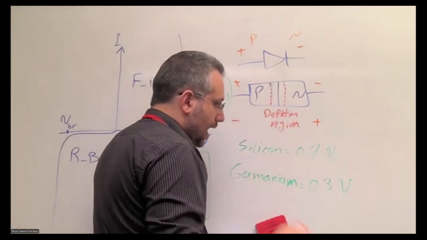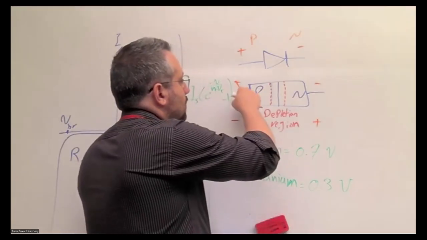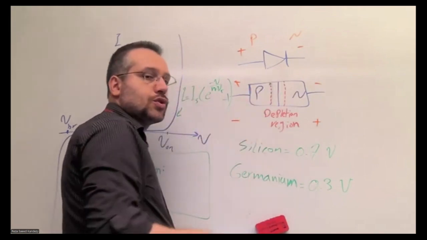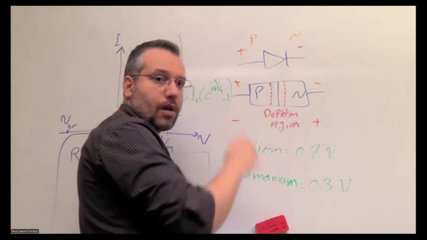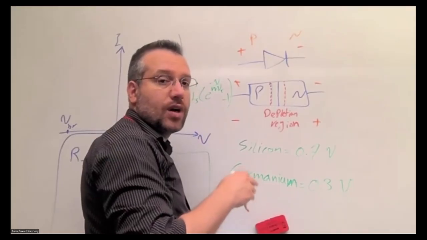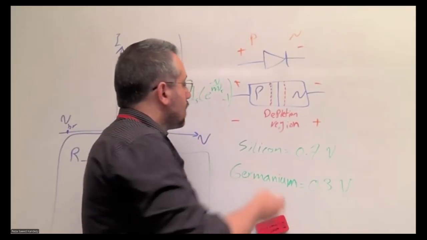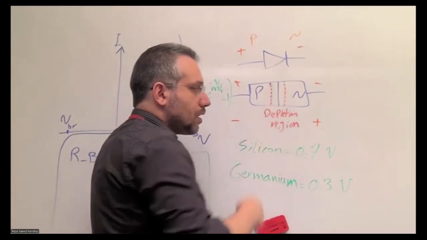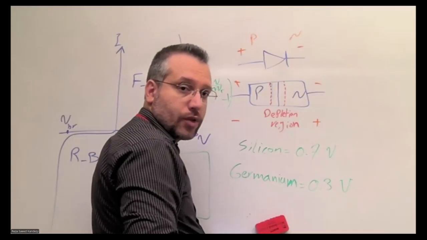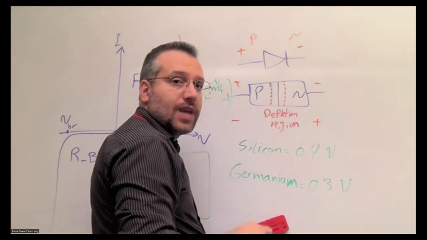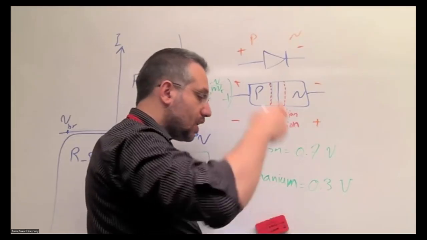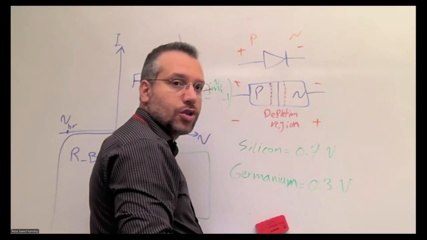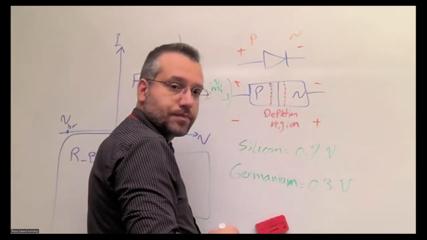So as you can imagine, when we are in forward bias, the diode allows the charges to move through the component, meaning we are going to have a current. And when we are in reverse bias, it resists the movement of the charge. So it means that we are cutting the current and we do not allow conduction of current through the component.